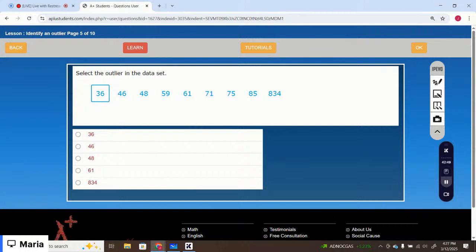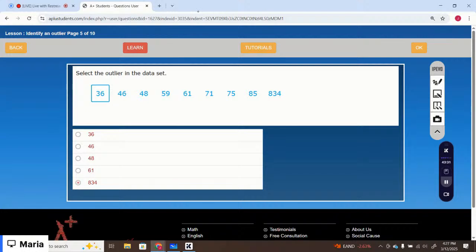Select the outlier in the dataset. The correct option is 834.